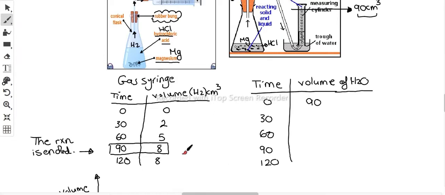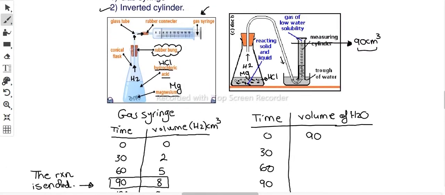Now the question: what happens to the volume of water per unit of time when the chemical reaction starts? Hydrogen gas, which is produced from the chemical reaction, will be collected through the delivery tube into the inverted graduated cylinder. Now what will happen?